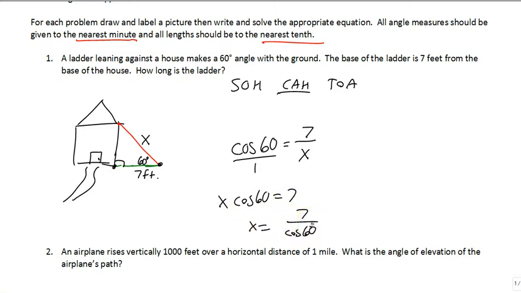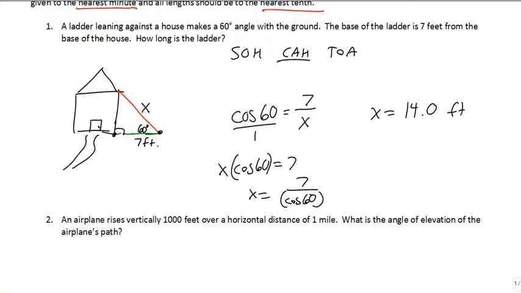Do not divide the 7 and the 60. This is one number. And you get x equals 14.0 feet, which makes sense because if it was a special right triangle, the side across from the 30 is your x value, and this would be double it, 2x, which is 14. Alright, so that's the first one.